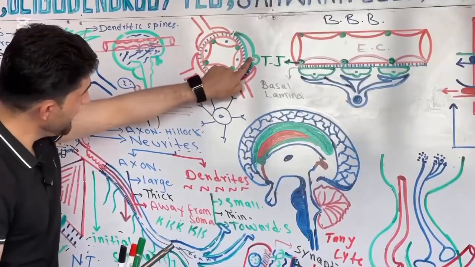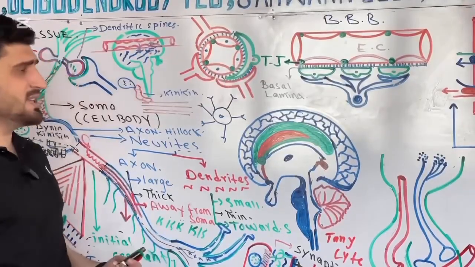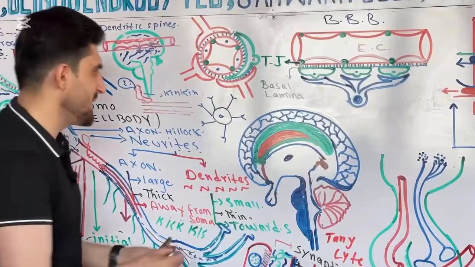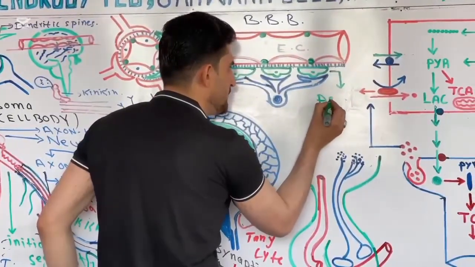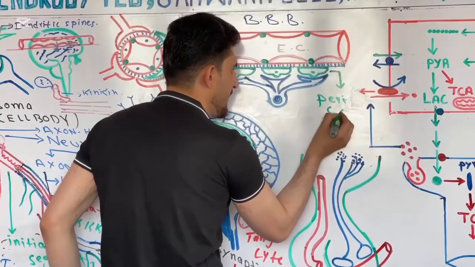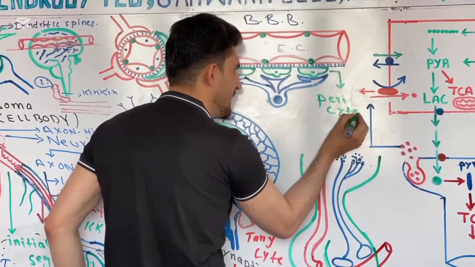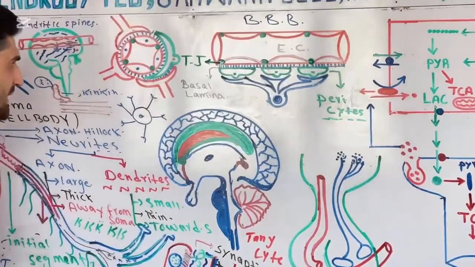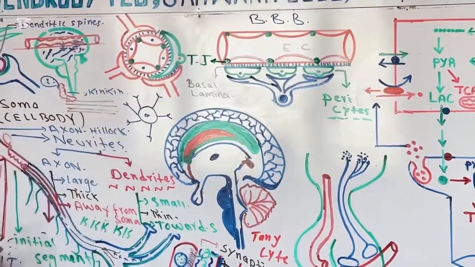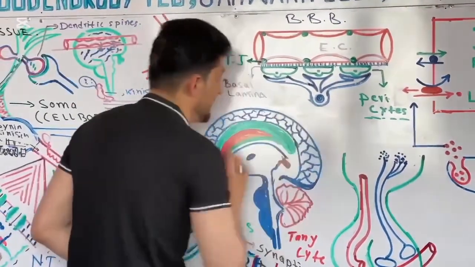After this we have some cells that are called pericytes. These pericytes are always around the blood vessels. After these pericytes, you know, this is an astrocyte.